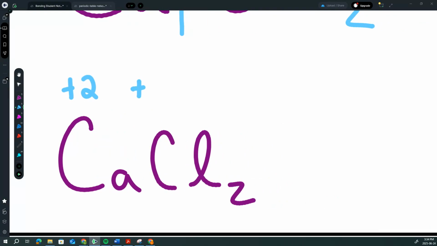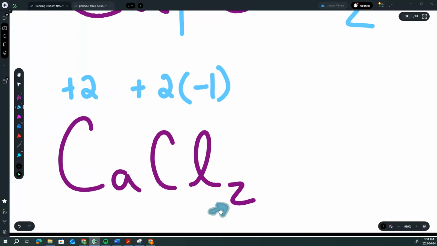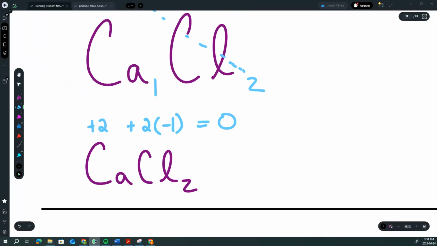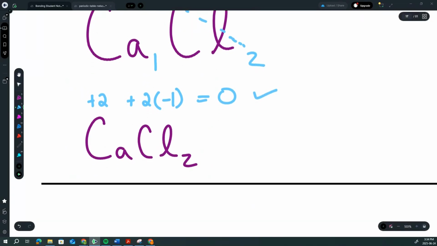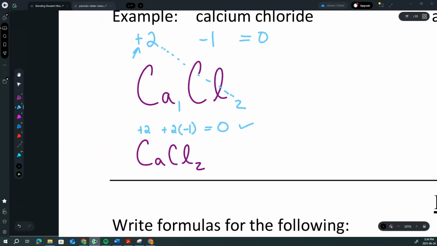But now we have 2 because there's 2 chlorides, and we're going to times that by the charge of chloride, which is -1. Okay, so 2 times -1, that's -2. 2 plus -2 does equal 0. So that is our balanced compound. Okay, so CaCl2 has a net charge of 0.